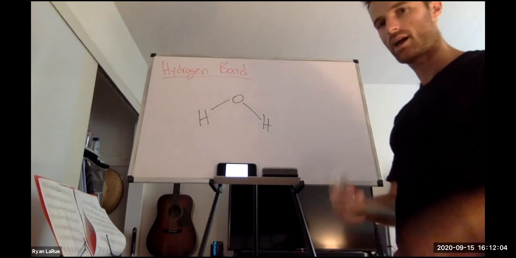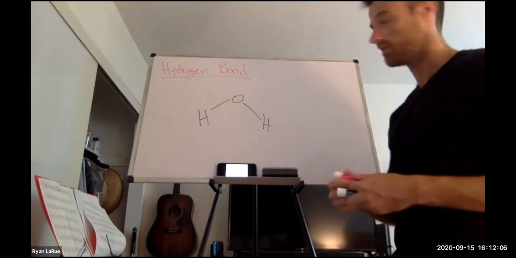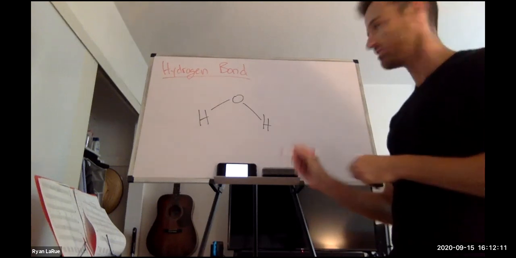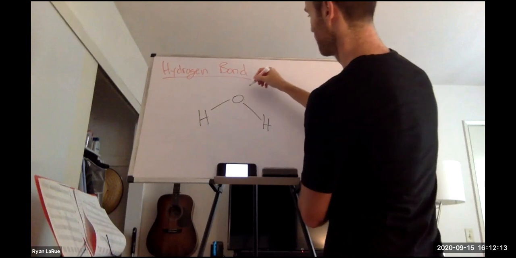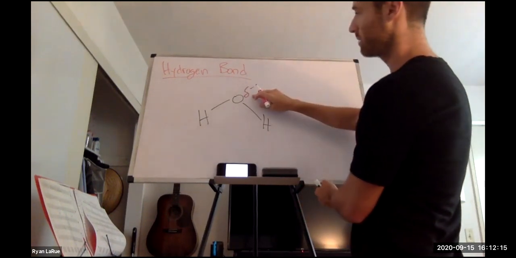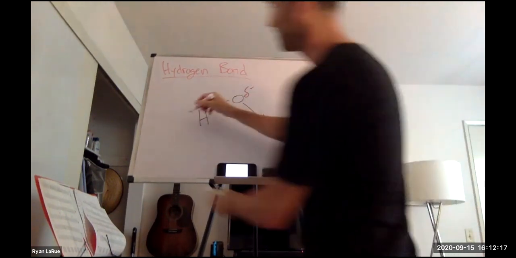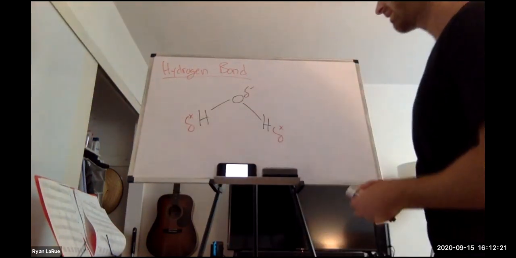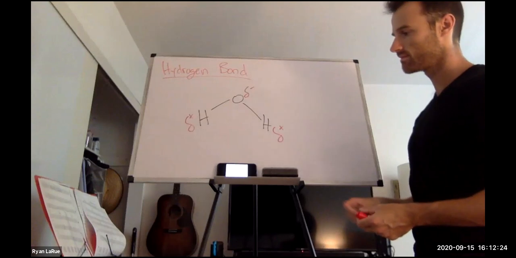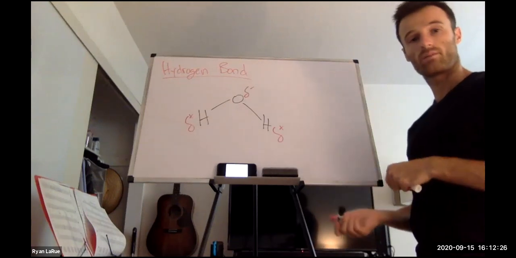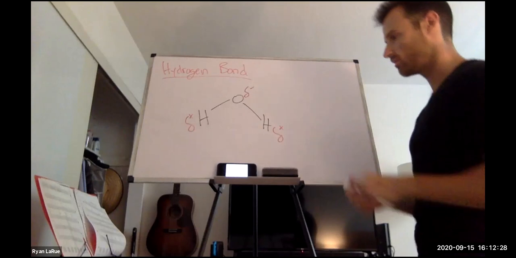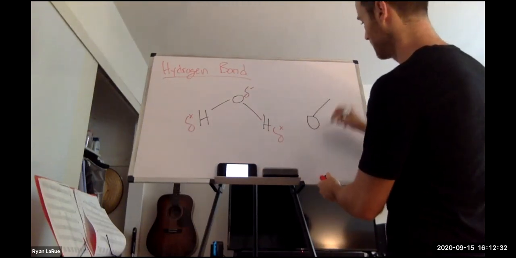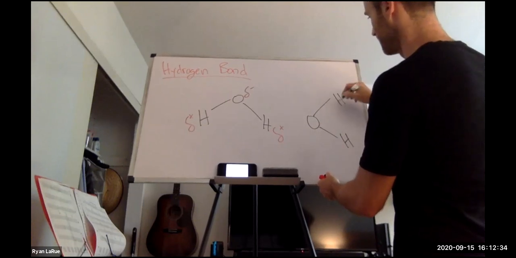We just learned that a water molecule has polarity to it, so we draw delta symbols: a partial negative on the oxygen, partial positive charges on the hydrogen atoms. I'm going to draw another water molecule, an entirely different water molecule right here. I'm going to make it sideways, like that.